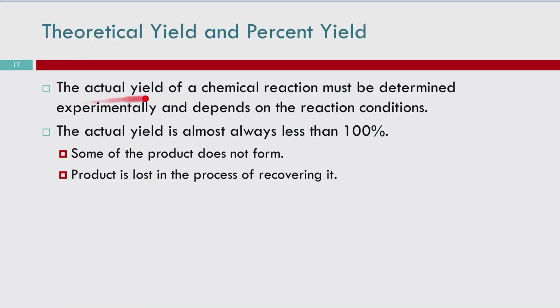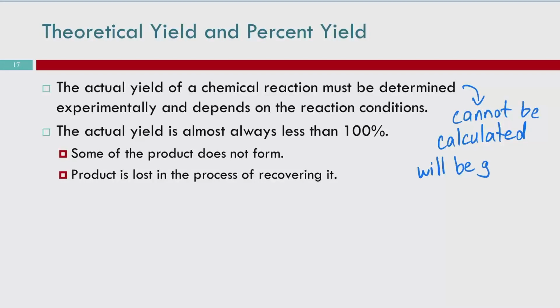All right, the actual yield of a chemical reaction must be determined experimentally. It cannot be calculated. On an exam, you will be given an actual yield if you need to solve for percent yield.